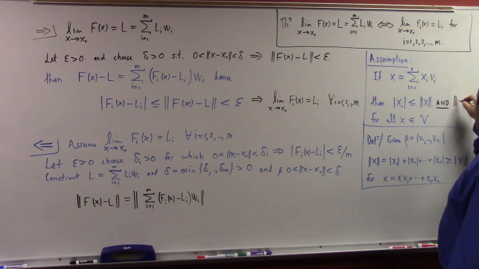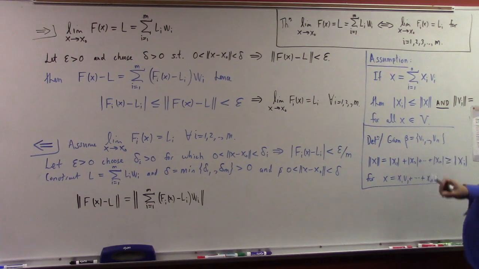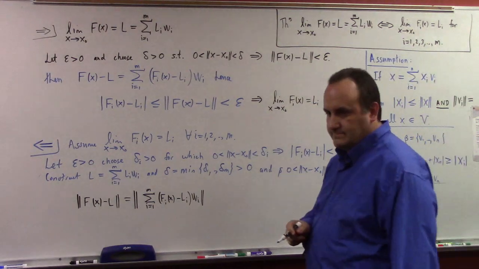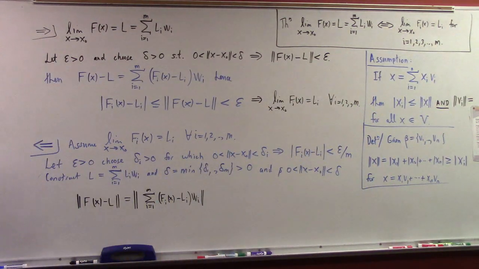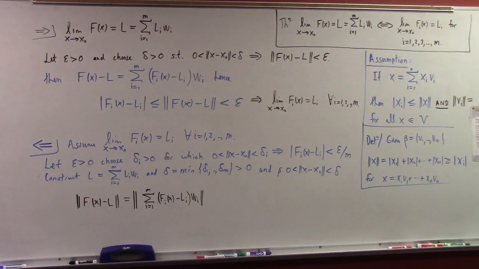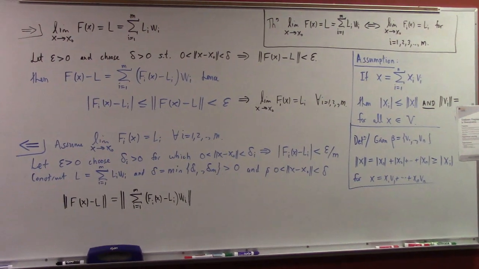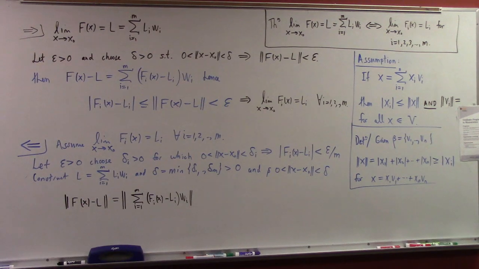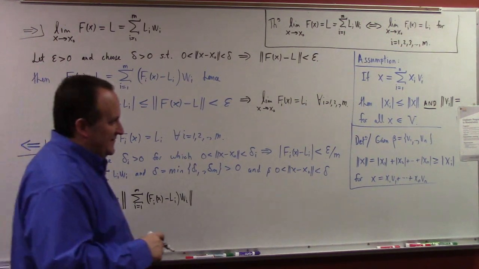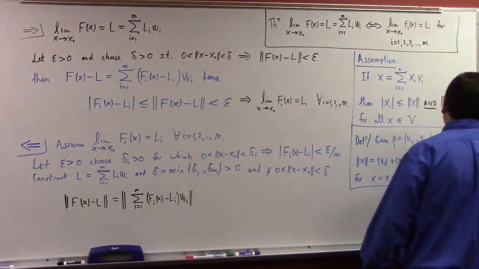I want the norm of V sub i equal to, now this is a less critical assumption, but if we bake this into the cake, if we make it 1, then that will declutter certain other things. Like we're about to find that that's an assumption of our construction in the converse direction already.